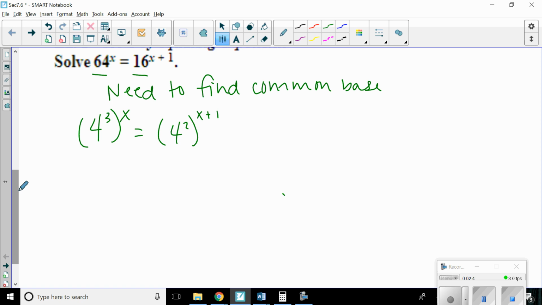Using our properties of exponents, we have 4 to the 3x power, and that's equal to distributing that x plus 1 to the 2nd power, so we have 4 to the 2x plus 2 power.